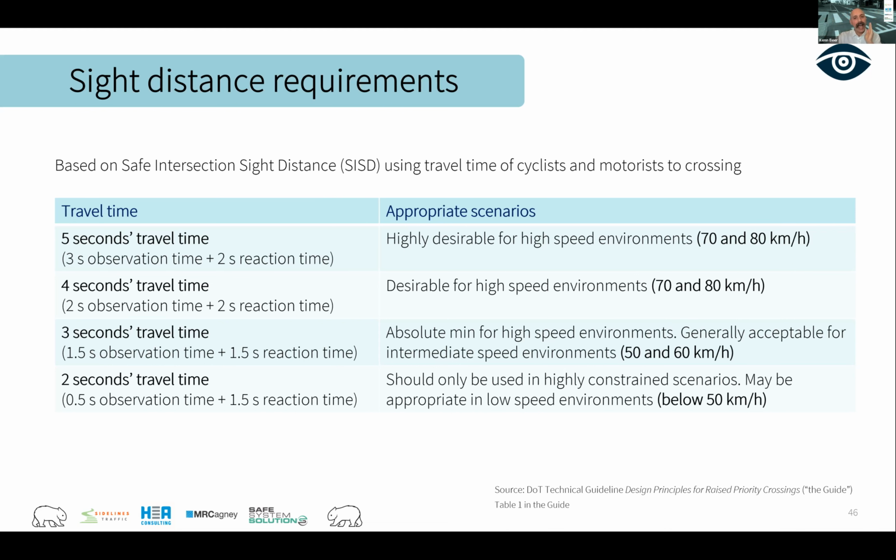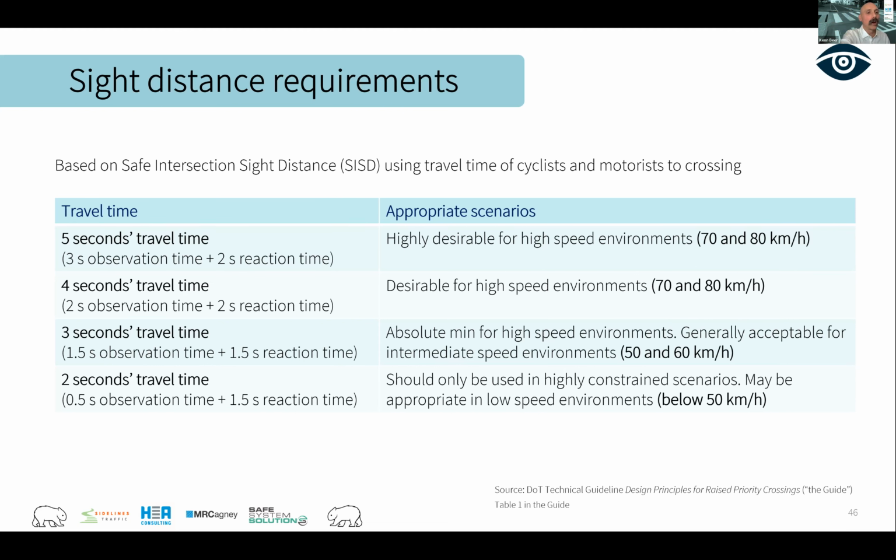Even though the cyclist has priority, we want to ensure that they can see that car coming in and go, oh, this one ain't stopping, and then take emergency evasive action.